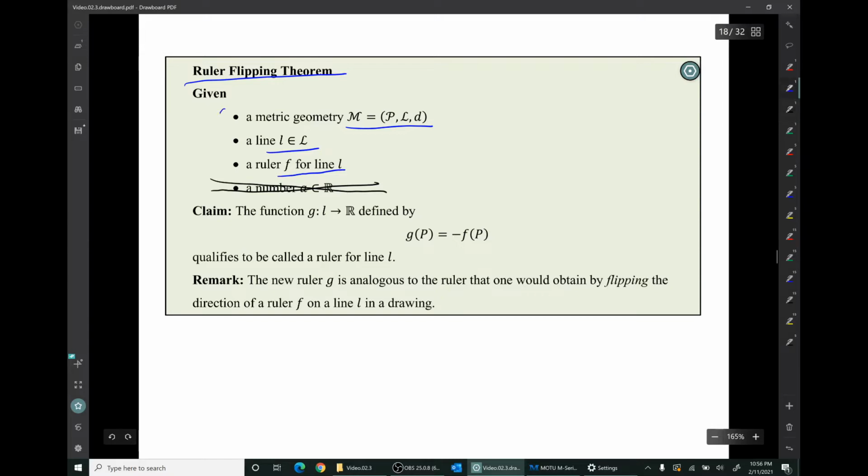If you're given these things, the claim is the following. If you define a function g this way, g of p equals the negative of f of p, then that function g qualifies to be called a ruler for line L. Now this new ruler g is analogous to the ruler that you would get by flipping the direction of a ruler on a line L in a drawing.